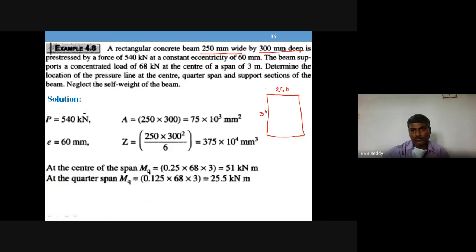It is pre-stressed by a force of 540 kilonewton, capital P is 540, with eccentricity 60 mm.